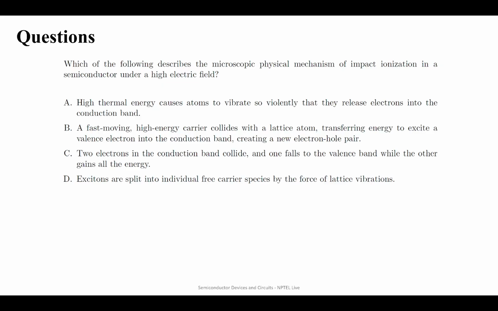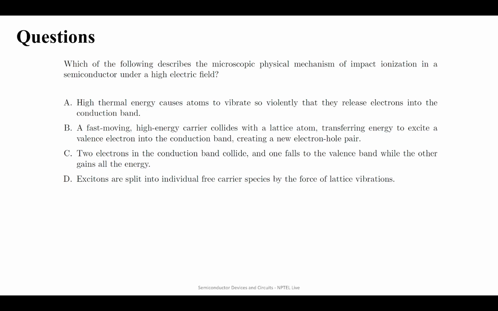Which of the following describes the microscopic physical mechanism of impact ionization in a semiconductor under a high electric field? High thermal energy causes atoms to vibrate so violently that they release electrons into the conduction band.